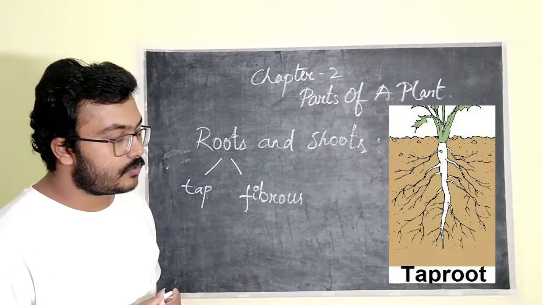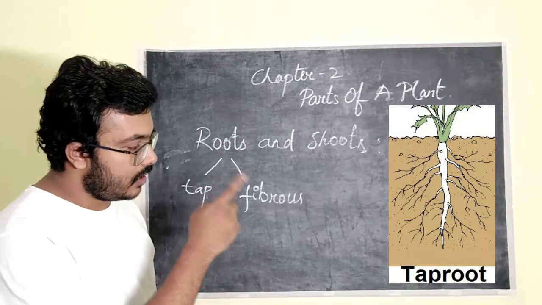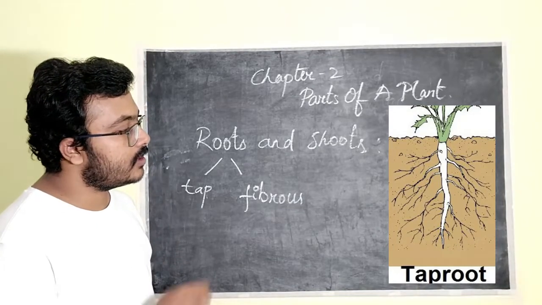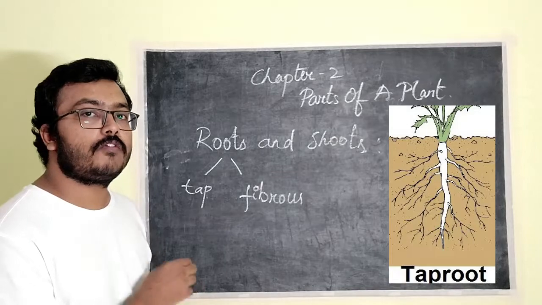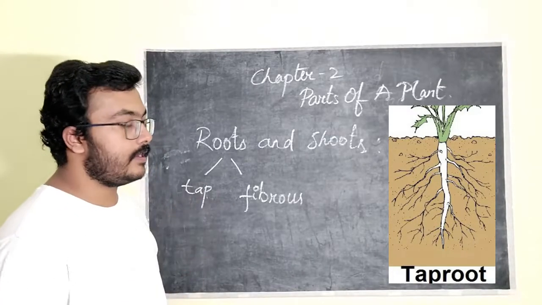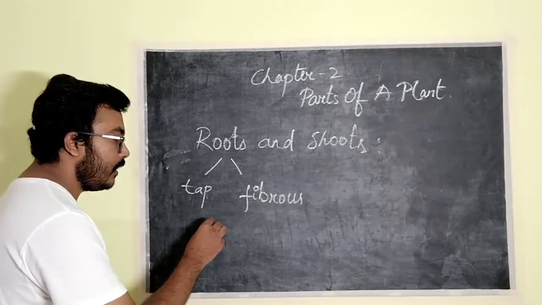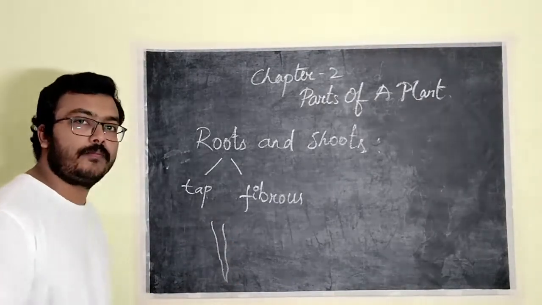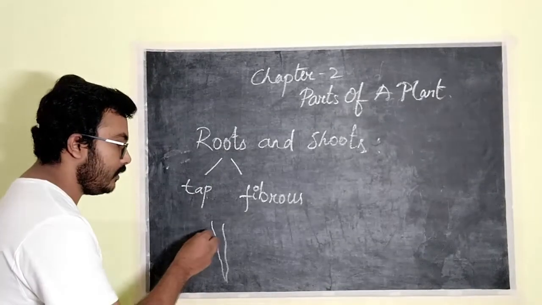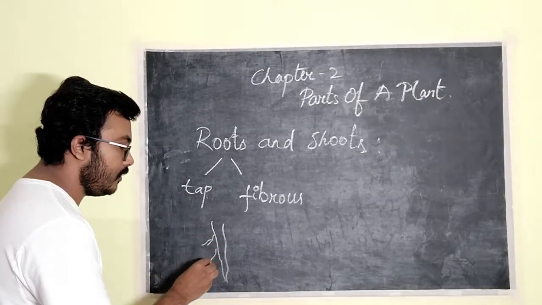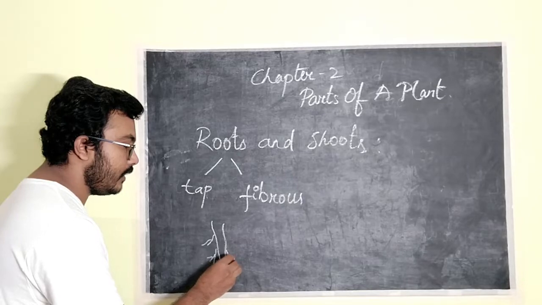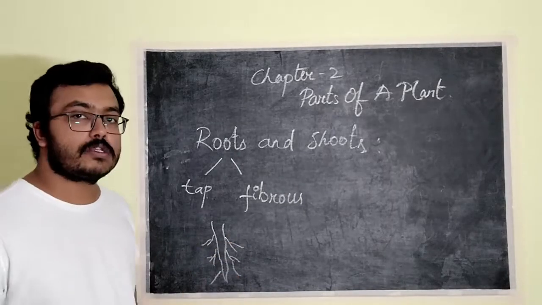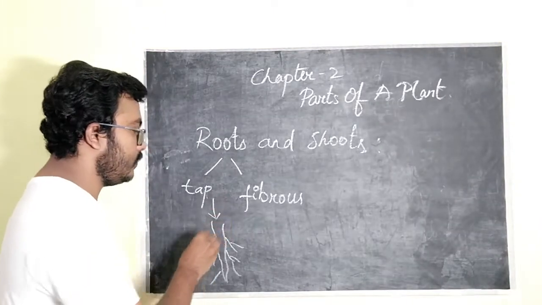A taproot is a root which has a long and sturdy main root from which smaller roots grow. So there is a main root which goes under the ground, and from this main root a few smaller roots grow. Such roots are called taproots.